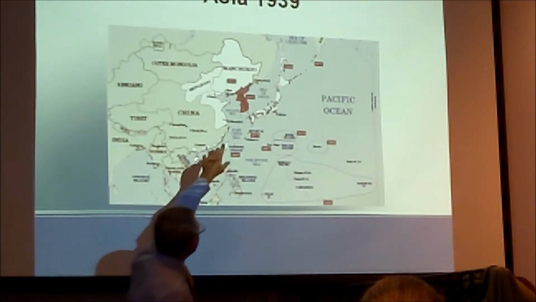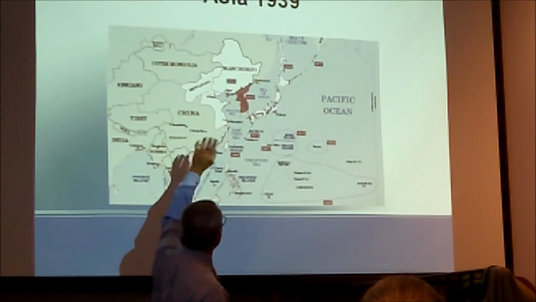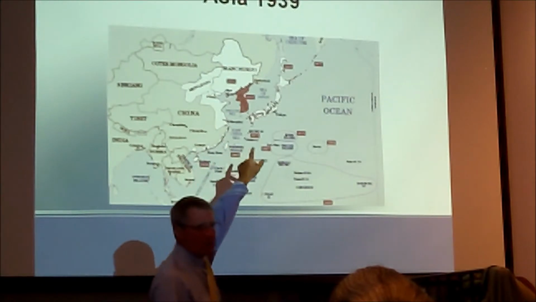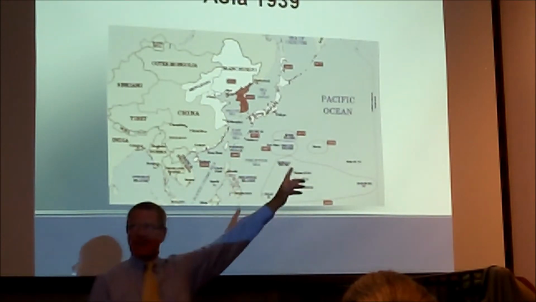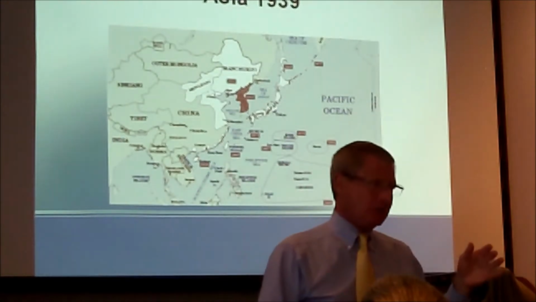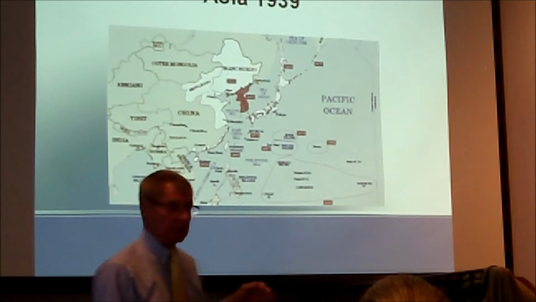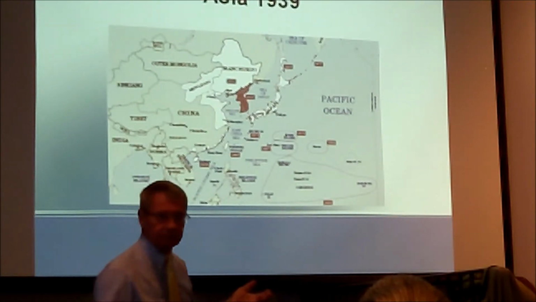And you see Manchukuo that we discussed. In 1931, Japan invaded there. That was part of China. They had taken Korea just after the Battle of Tsushima Strait, which was a little bit before World War I, and they held on to it for 50 or 60 years.